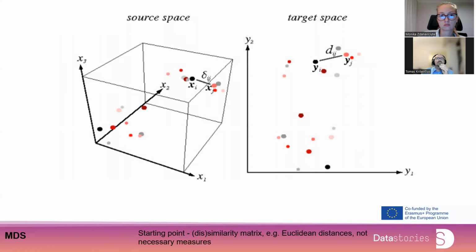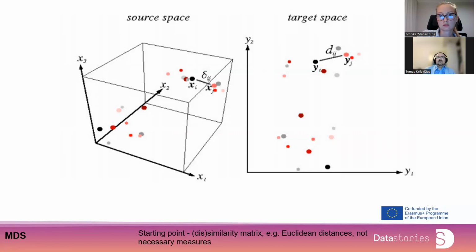In this example, we have a three-dimensional source space, and on the right-hand side, we have the target space where we move to two dimensions. We want to preserve, for example, the distance between xi and xj. It should be as similar to the yi, yj distance as possible.